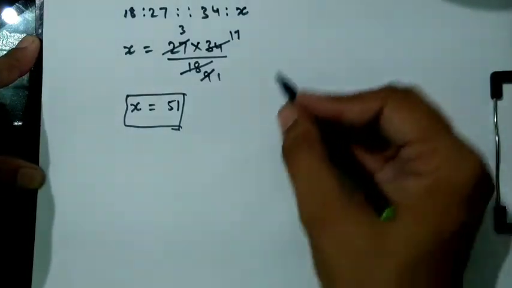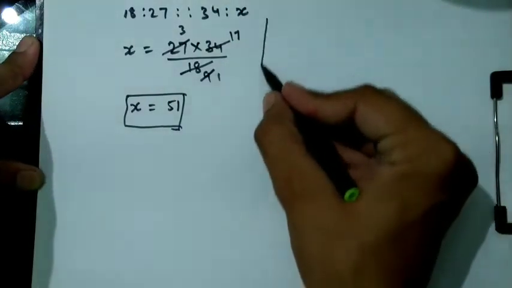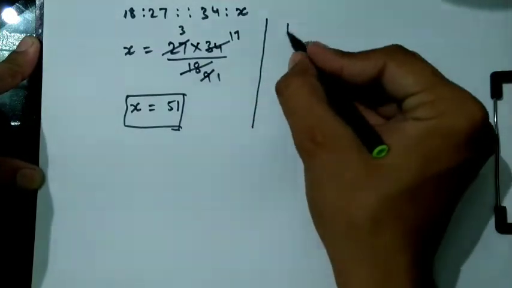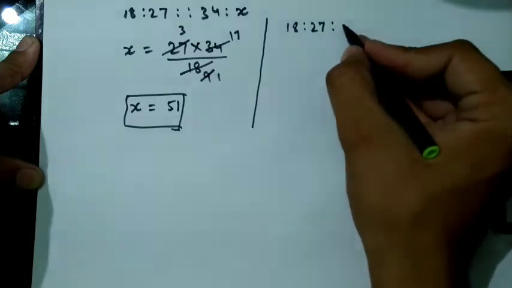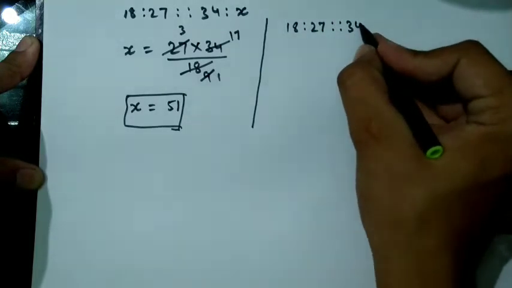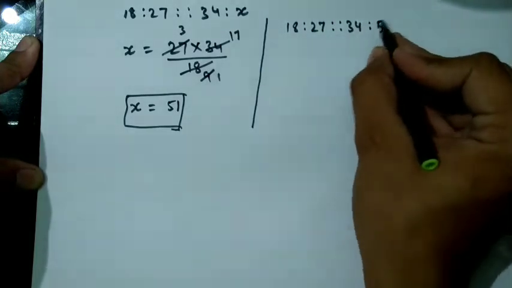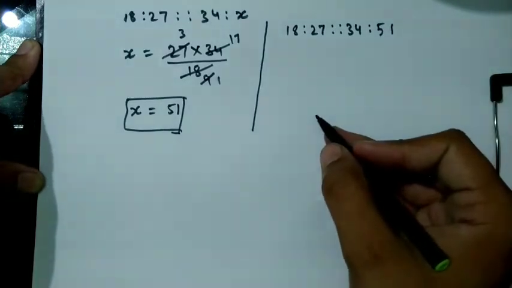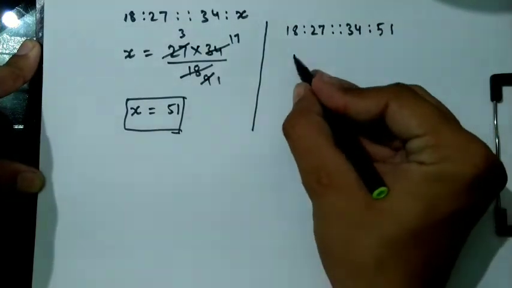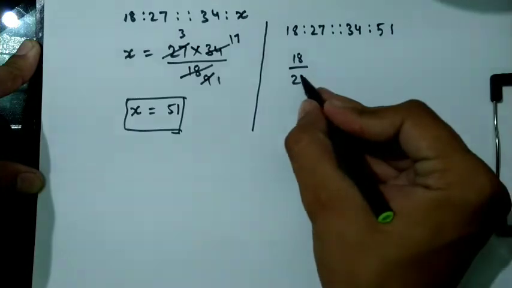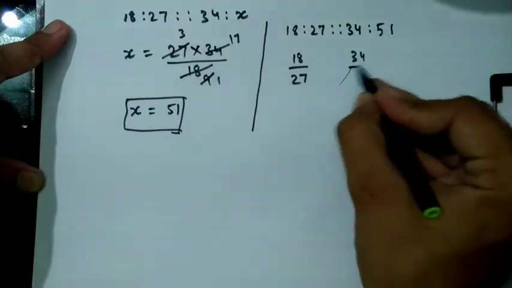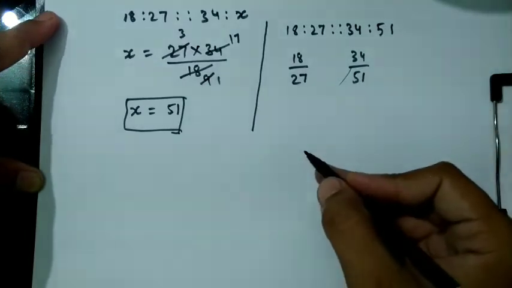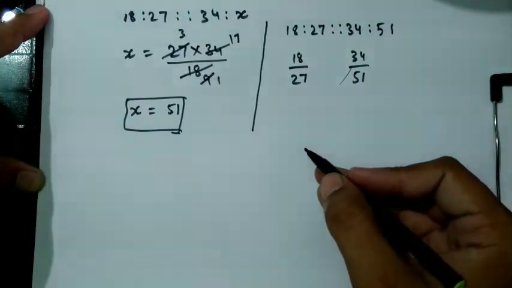Now one more thing I want to explain in this sum, that now your proportion is 18 ratio 27 proportion 34 ratio 51. Now you all know that we can write 18 over 27 on one side and 34 over 51 on the other side. Now you have to check its ratio.